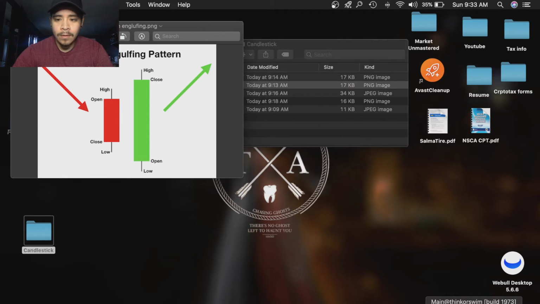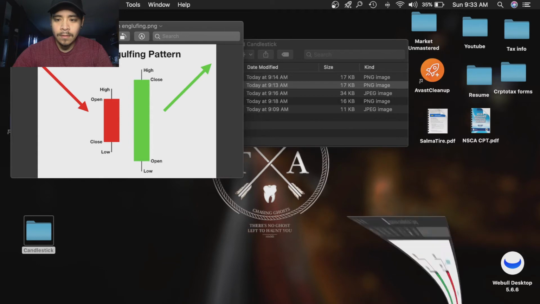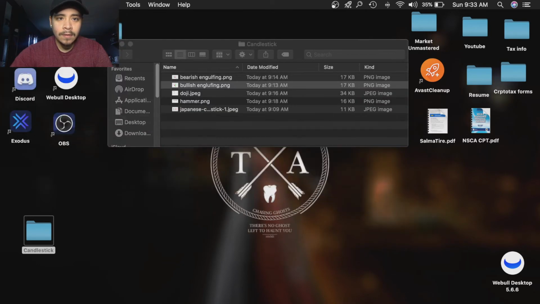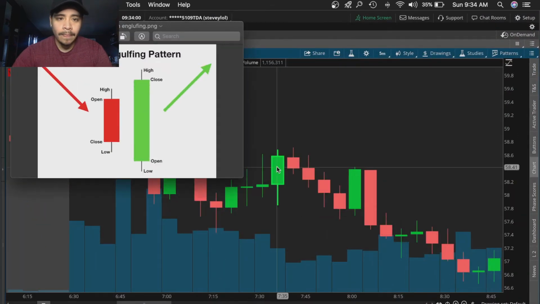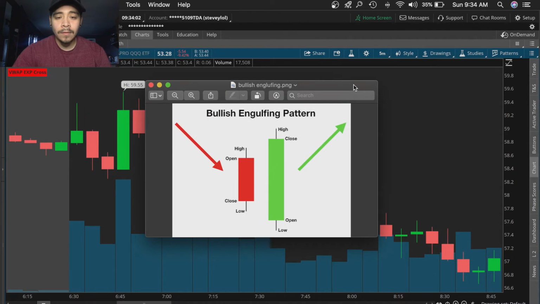Let me close this one out for you guys. Let's minimize it and get back to Thinkorswim. Right, here we go. Okay, so a bullish engulfing pattern is when you have a red candlestick inside of a green one.